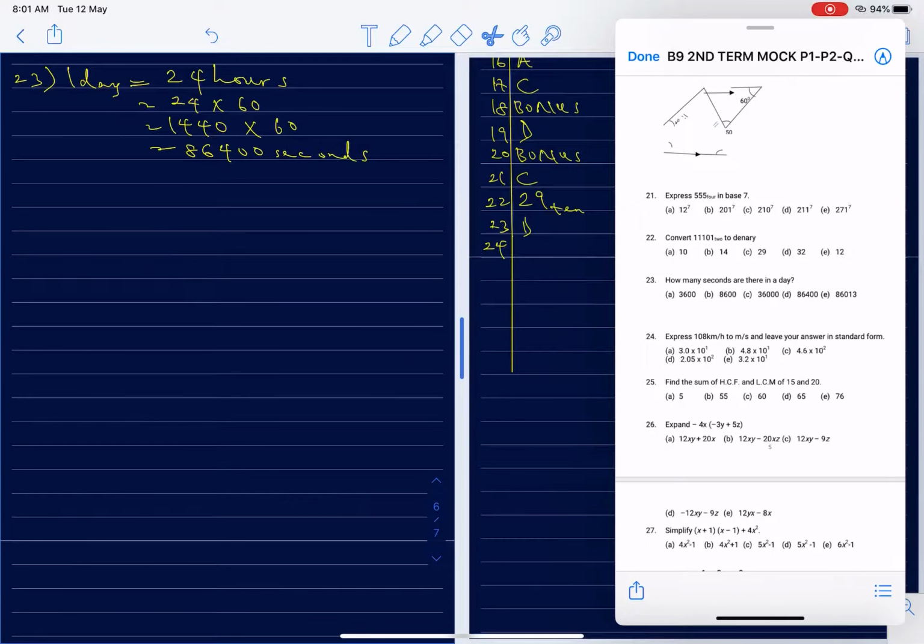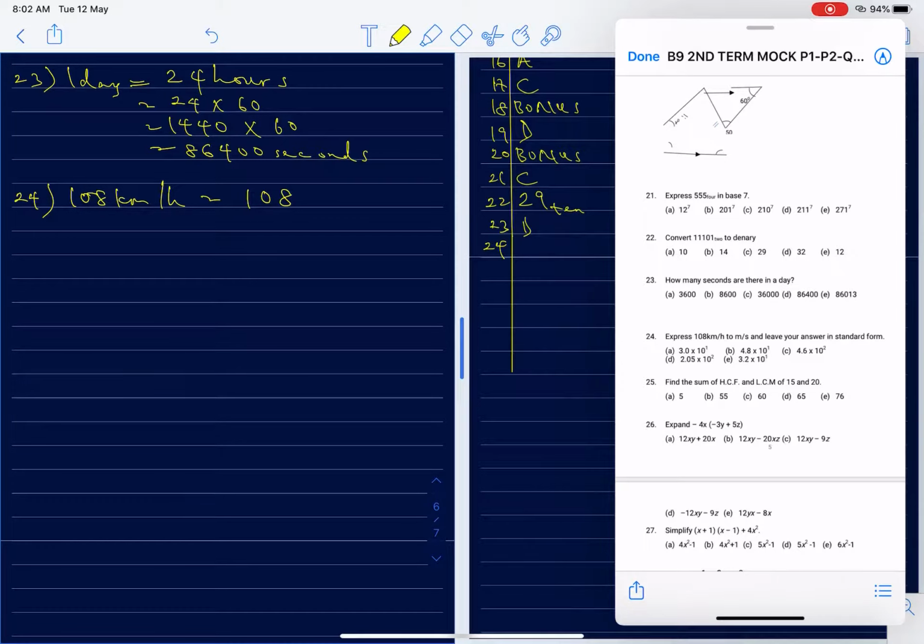Number 24. 108 kilometers per hour. We change 108 kilometers per hour to meters per second.